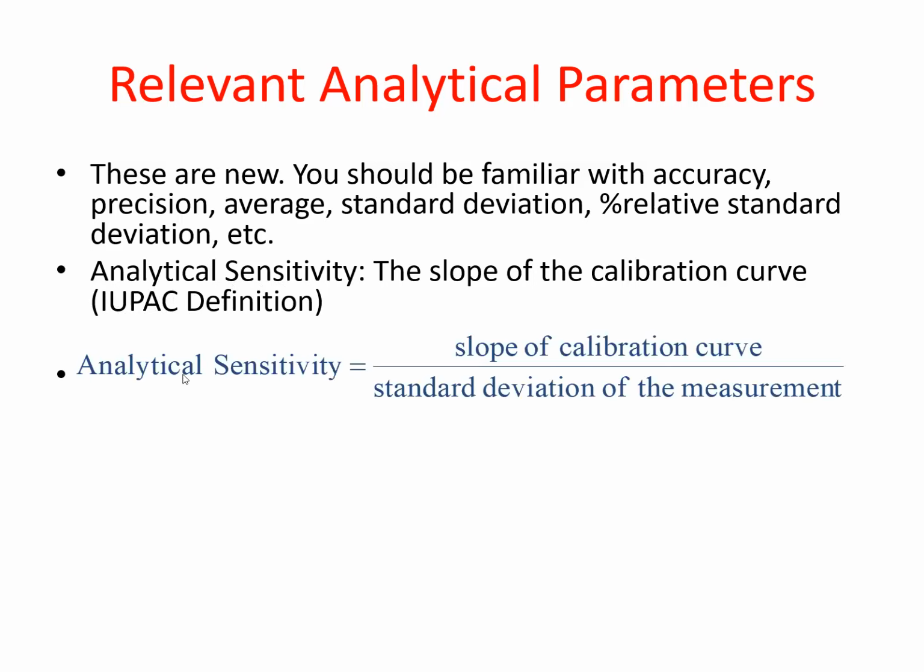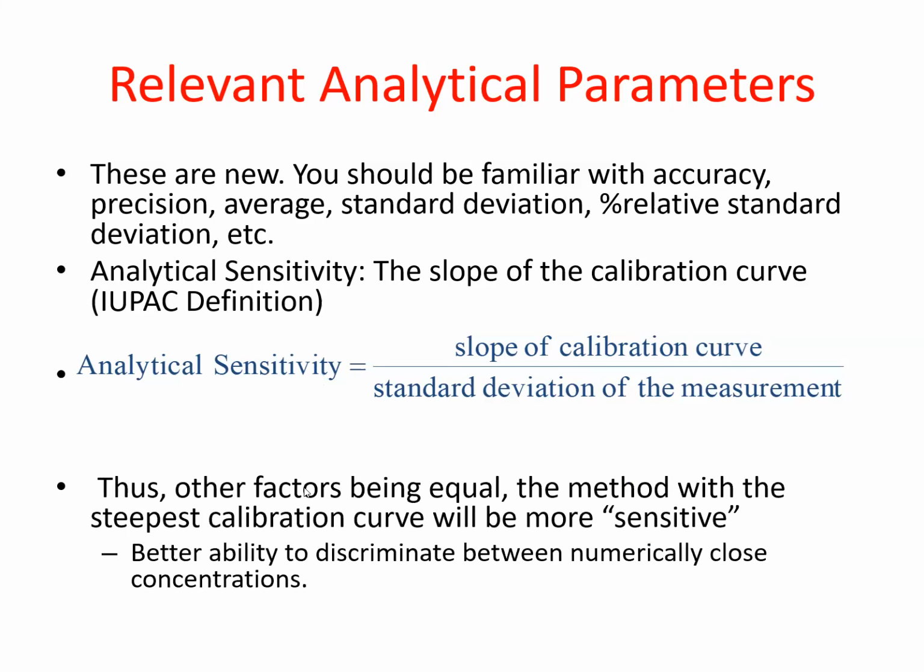So you notice here how it's defined. Analytical sensitivity is equal to the slope of the calibration curve over the standard deviation of the measurement. It is just the slope. Thus, other factors being equal, the steepest calibration curve will be more sensitive because the slope is steeper.